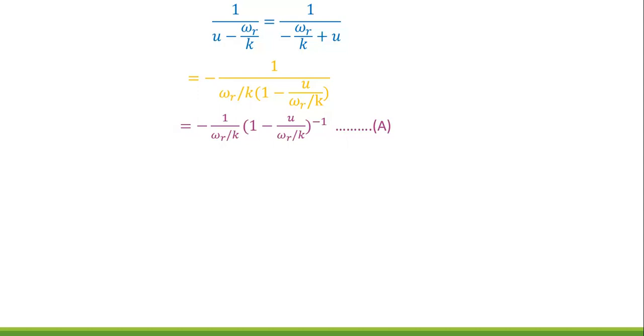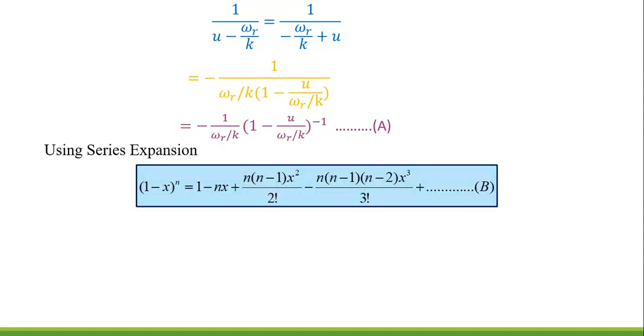So this denominator now looks like this, or we can rewrite this expression as, because this one is much more than all these combinations, we can have the expansion on this equation number a. Here is the general expansion.